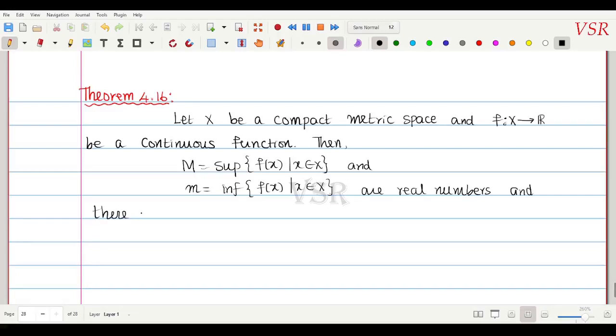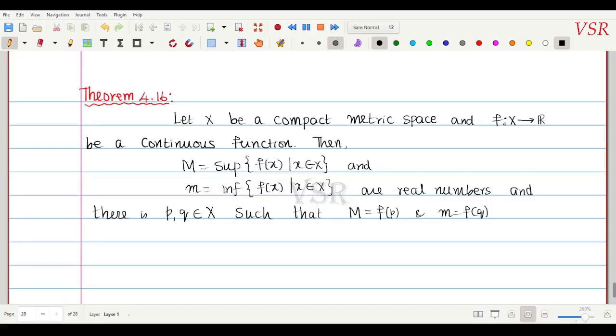There is x naught, y naught, I call it p comma q, that is p comma q belongs to capital X such that this capital M is equal to f of p and small m is equal to f of q.